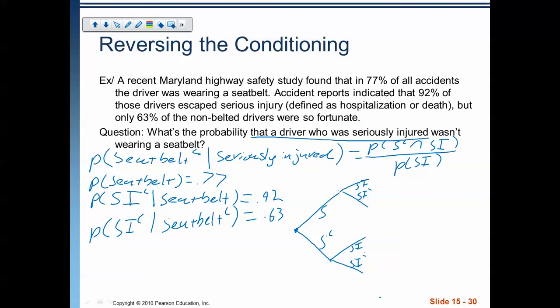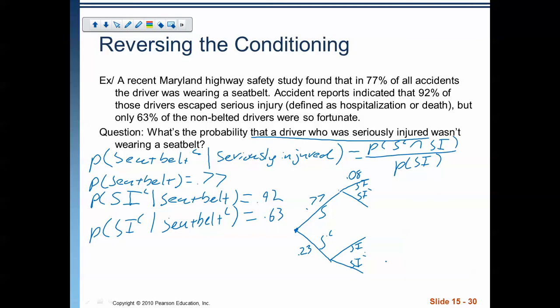What's the probability that I wear a seatbelt? 77%, which means the probability that I'm not wearing a seatbelt? 23%. Now let's go up to our first conditional probability. Given that I was wearing a seatbelt, what's the probability that I was seriously injured? 8%.